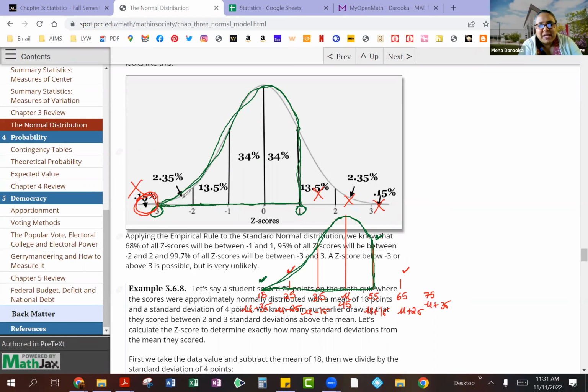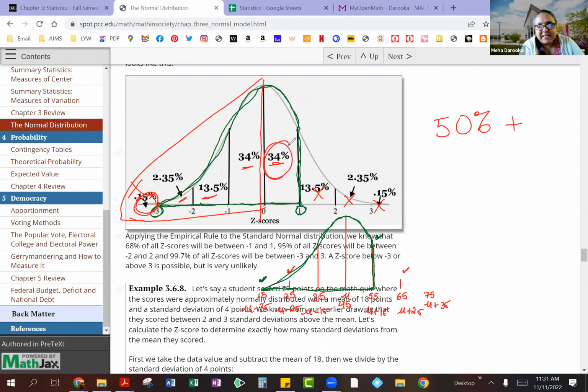So basically you can add these numbers together if you wanted, or you can say, you know what, if I had the whole left side of my, the name just flew out of my head, normal curve. If I had the entire left side of my normal curve, that would be 50%.